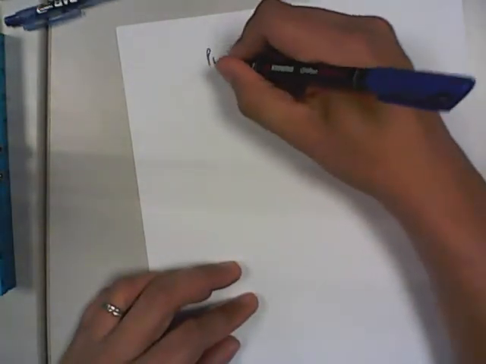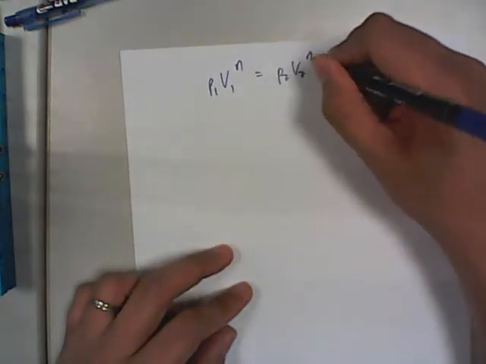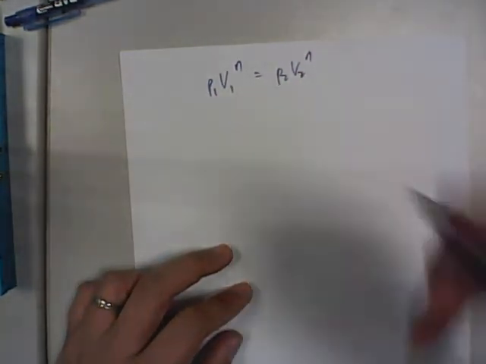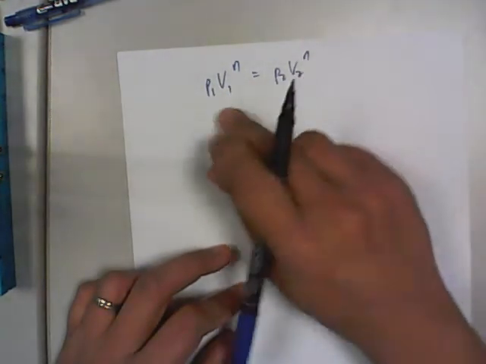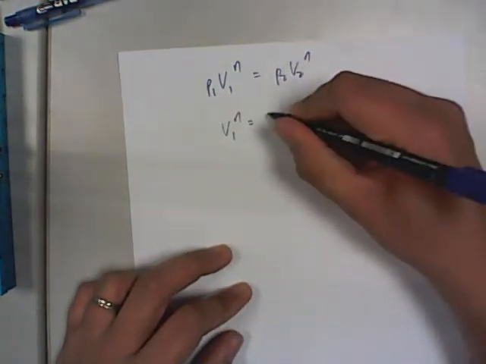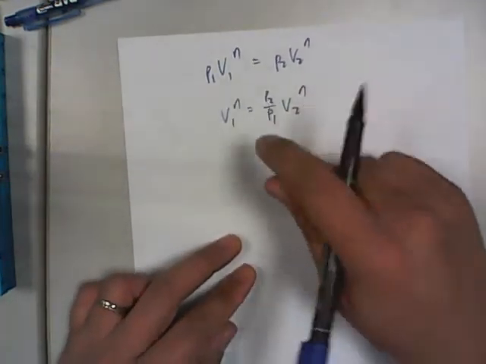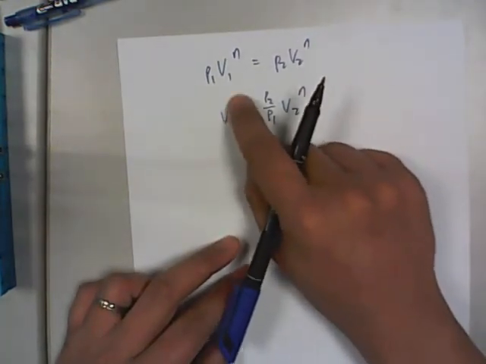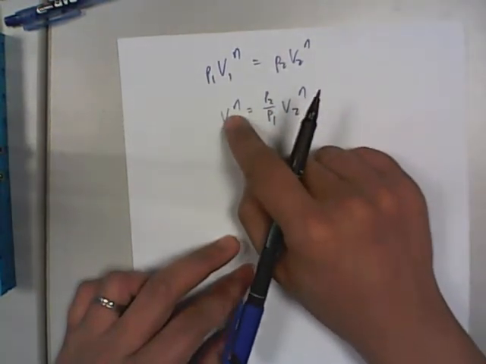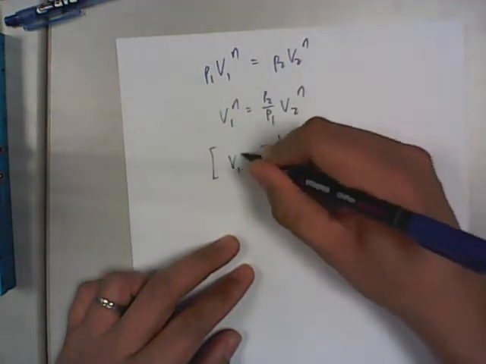Now the other kind of problem is if n is given to you, but you are supposed to find, say, V1, or V2, up to you. How do you find your V1? Let's say now the unknown is V1. You just shift P1 to the other side. You should be able to get this. So what you do is you need to get rid of the power n. In order to do this, you need to power both sides by the inverse of n.